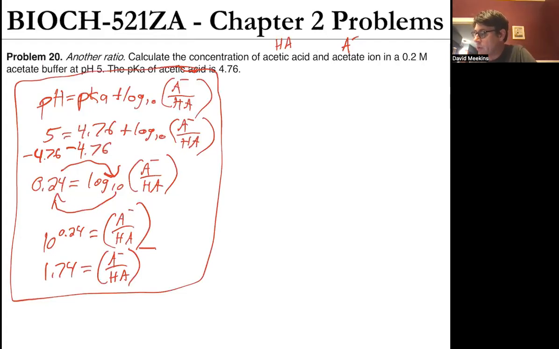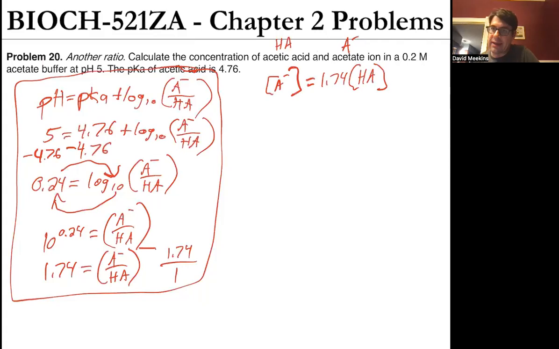So we know that the conjugate base concentration equals 1.74 times the acid concentration, because it's basically 1.74 over 1. So if you multiply the acid by 1.74, that's going to be the conjugate base concentration. We also know that the buffer is a 0.2 molar buffer.